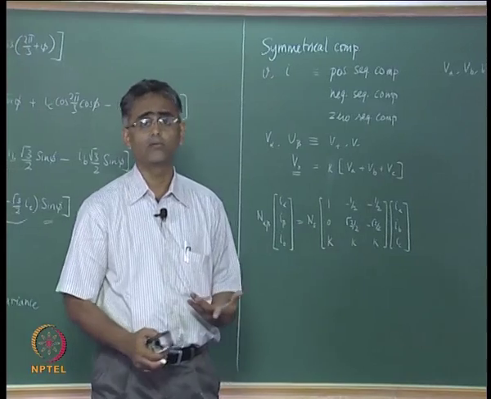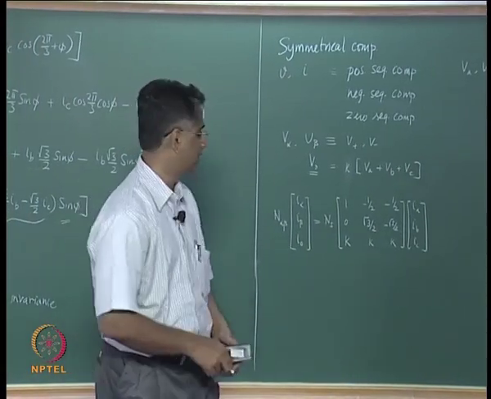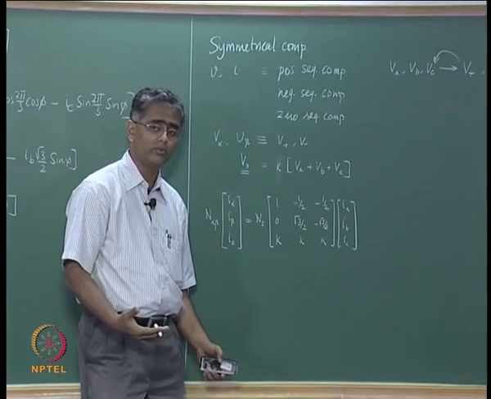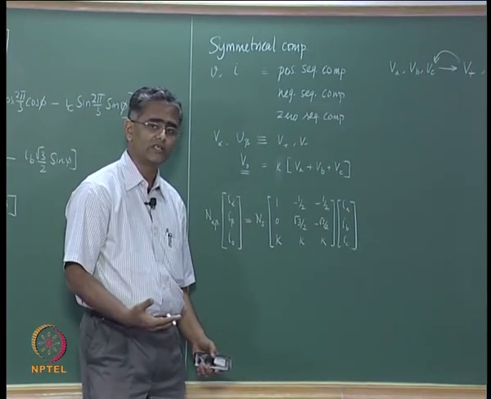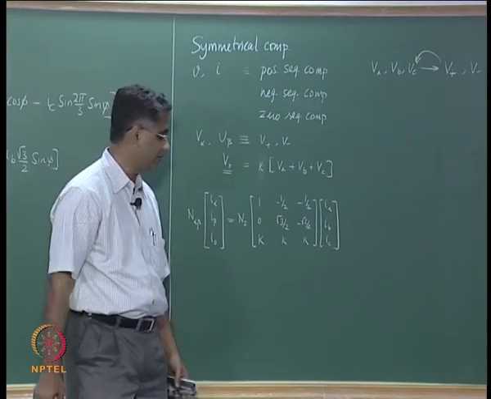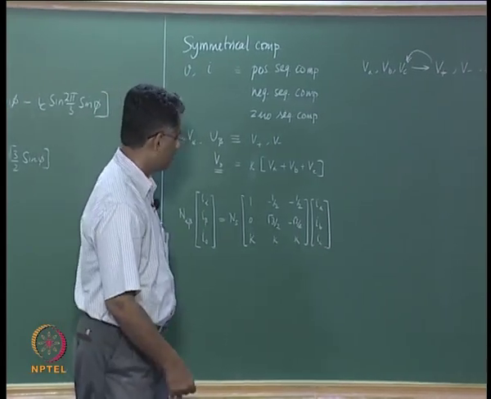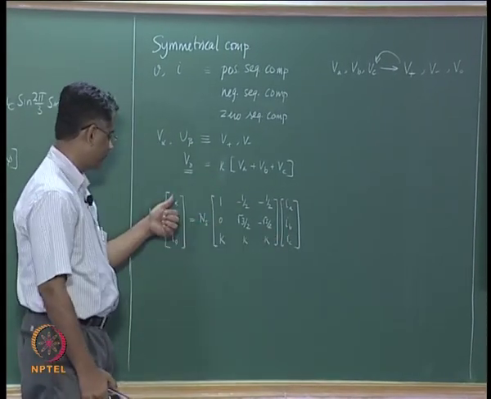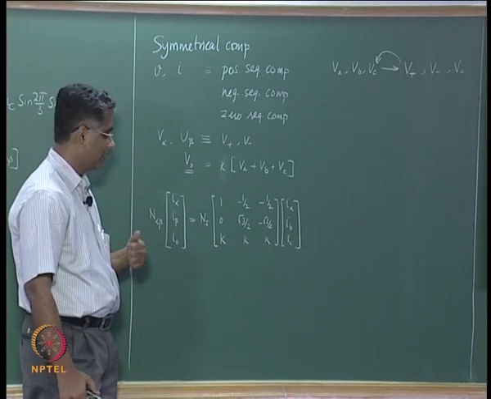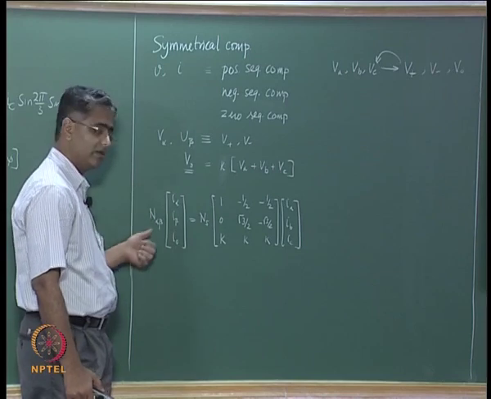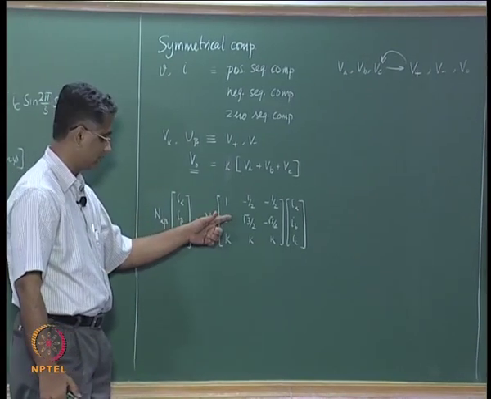But then we have to determine what should be the value of k. As I said, we could fix k to be any value which gives us some ease of operation. So, what ease of operation will you look at? Now, let us say you do want to find out IA, IB, IC from I alpha, I beta, I naught, then you would need to multiply by the inverse of the matrix here.